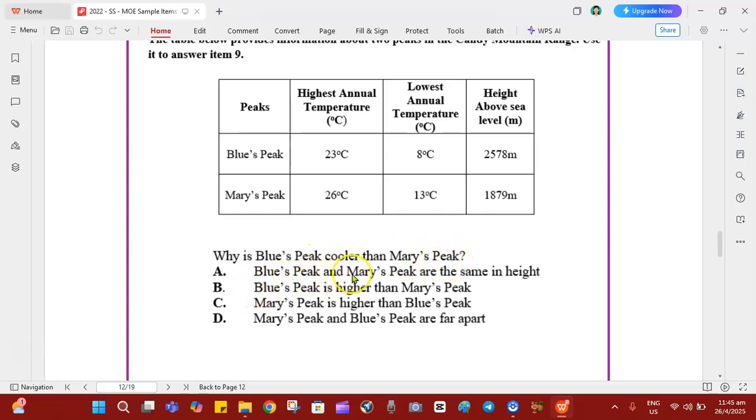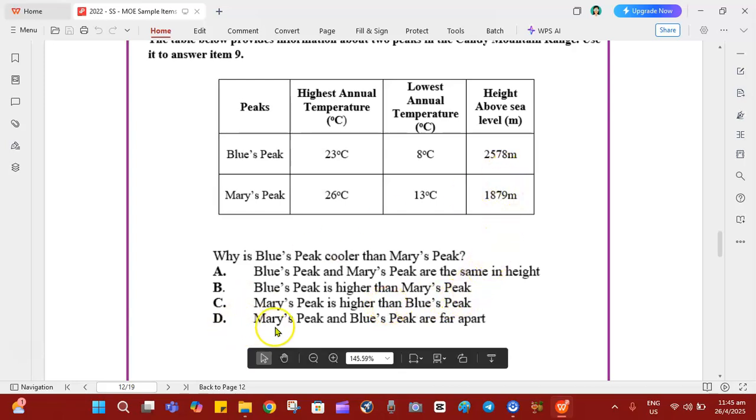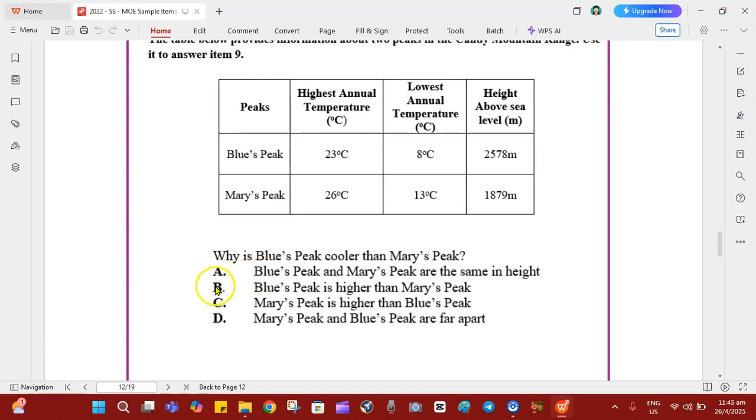A says Blues Peak and Mary's Peak are the same height. No, they're different in height. B says Blues Peak is higher than Mary's Peak. That is true, but let's read the others. C says Mary's Peak is higher than Blues Peak. That is wrong. Mary's Peak is lower. D says Mary's Peak and Blues Peak are far apart. Not necessarily far apart, but the answer would be B.